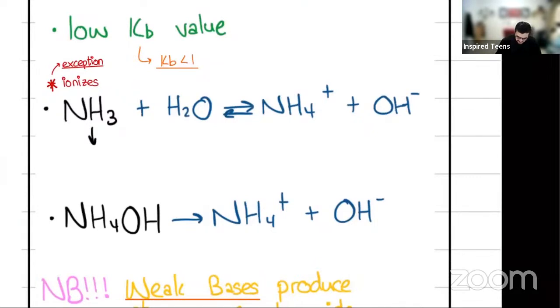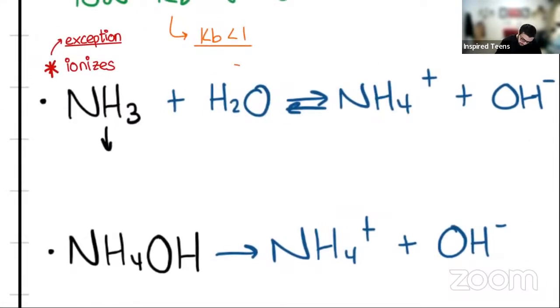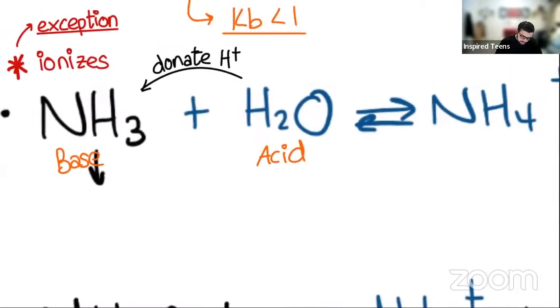When it ionizes, you can see that in this case NH3 is the base and water is acting as the acid, because NH3 becomes NH4 plus. So NH3 is the one that's receiving. NH3 receives the H plus; water, H2O, donates the H plus.